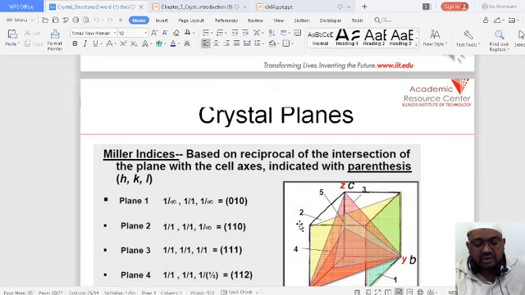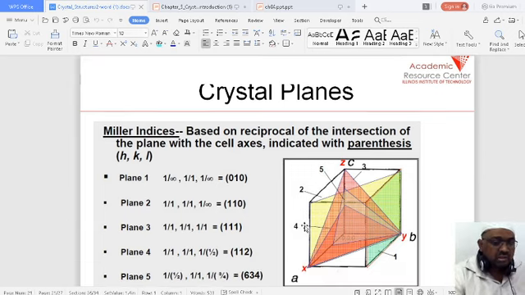We will have a very short view of the crystal planes. What we have done is join all the crystal planes and given a geometrical unit cell, and in this you can find 1, 2, 3, 4, and 5 different planes indicated. For each plane you will get the h k l values, that is 0, 1, 0.